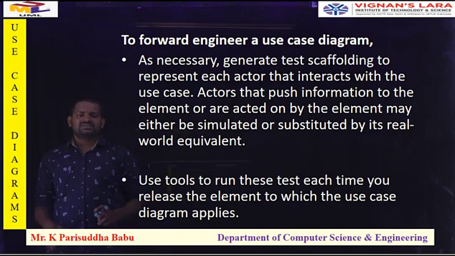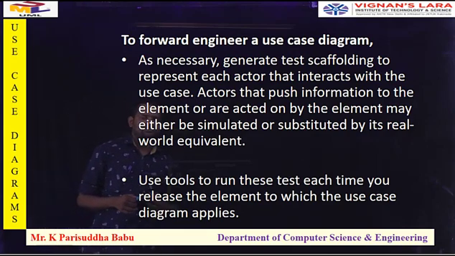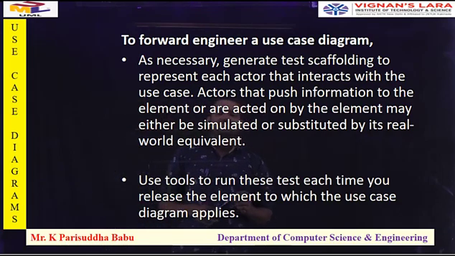Forward engineering also requires generating test scaffolding for the representation of each actor that interacts with the use case. Actors that push information to the element or are acted upon by the element may either be simulated or substituted by their real world equivalent.